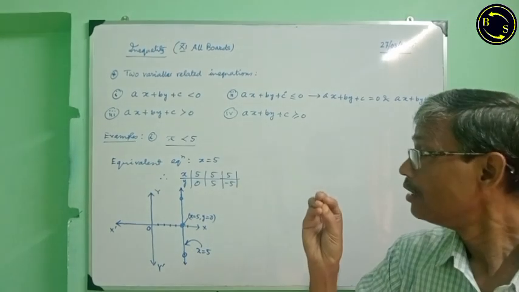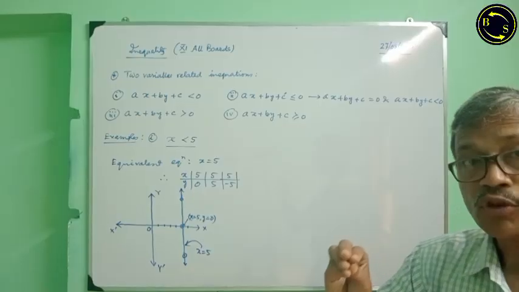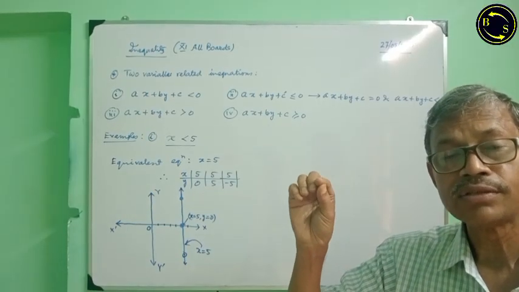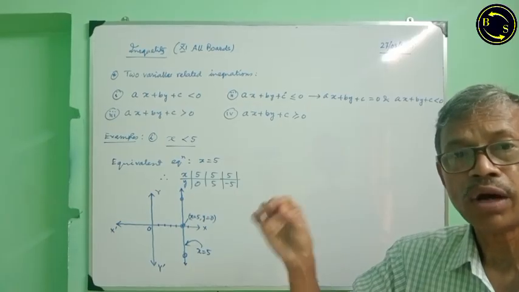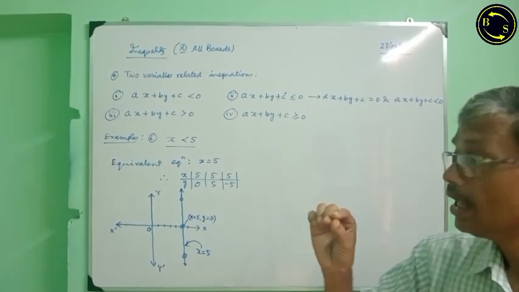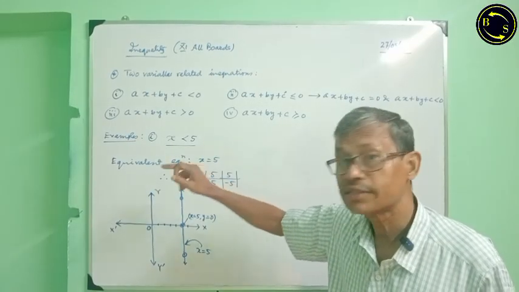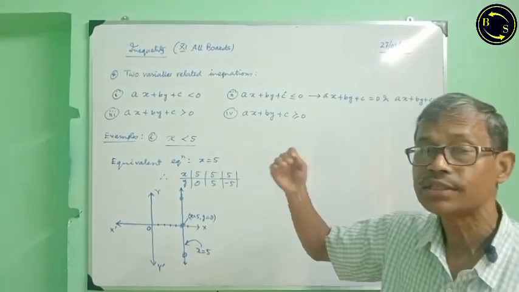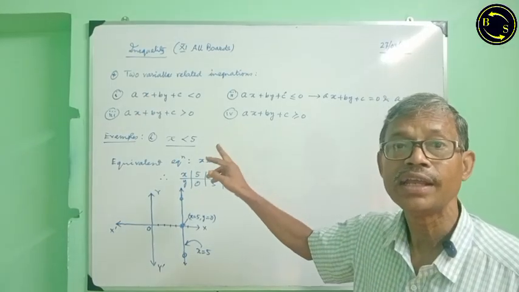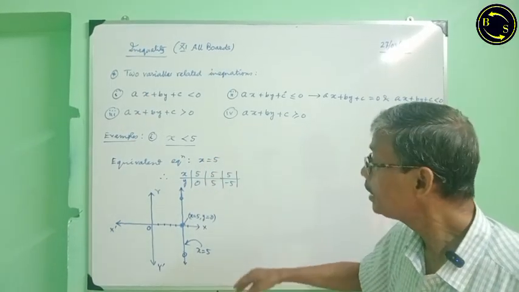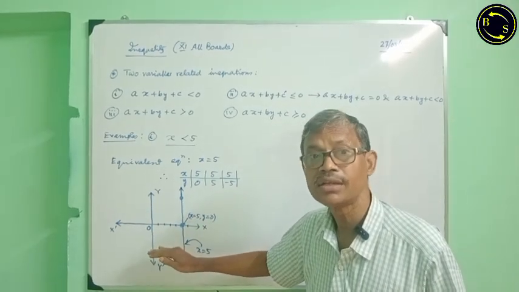Then consider the coordinates, and in place of x you put the abscissa, in place of y you put the ordinate in the original equation. If it is satisfied, that means that point is lying on the solution region of the given equation. Here we see 0, 0, that means origin is lying in the solution region.